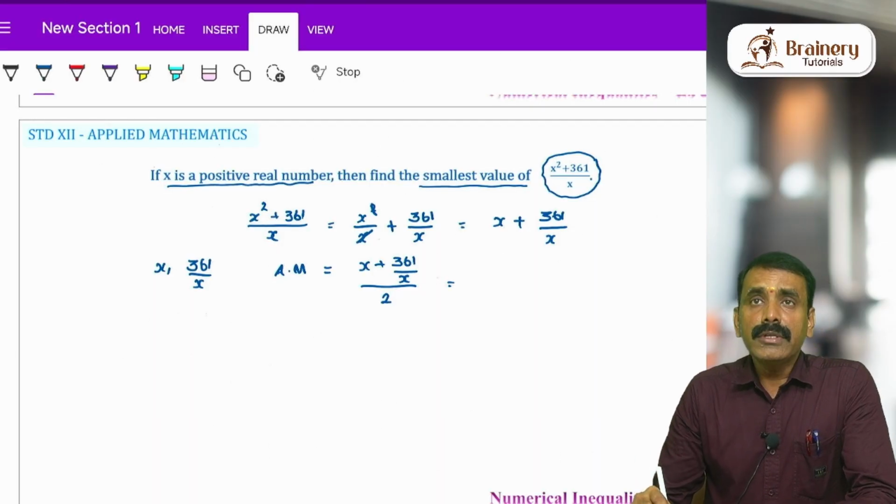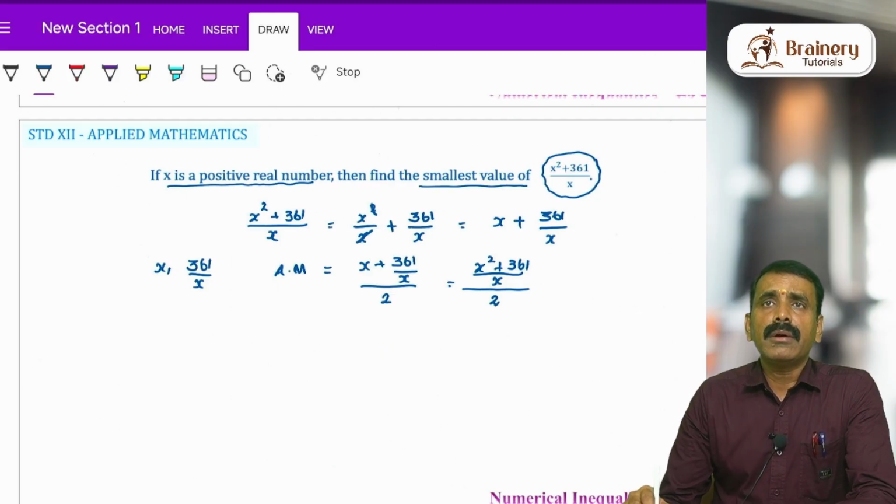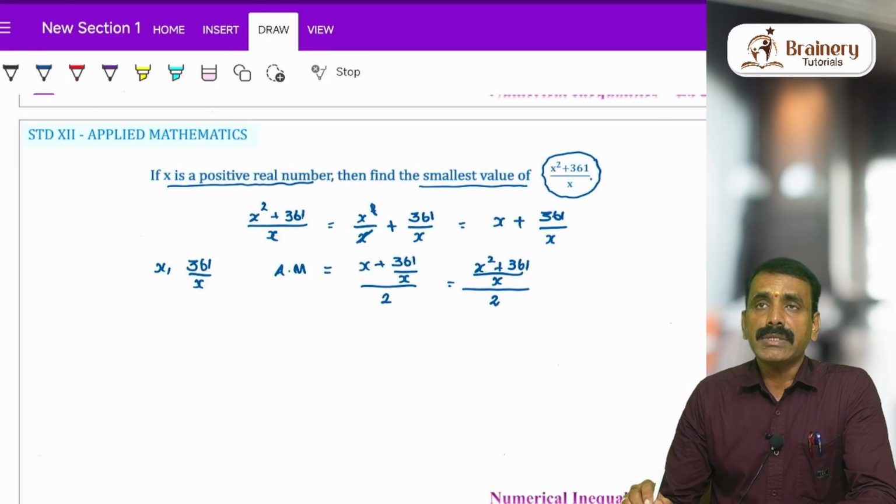We take the LCM for these two numbers. We need not simplify this one by bringing that x to the denominator. We try to keep this as such.